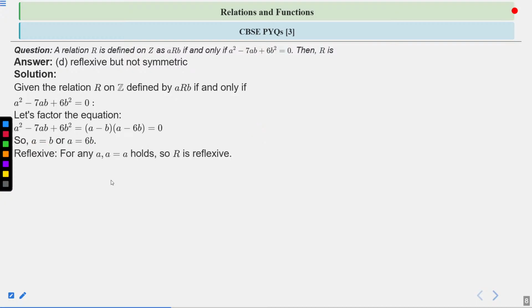What is the condition of reflexive? For any A, A equal to A holds. A equal to A is holding, so R is reflexive.